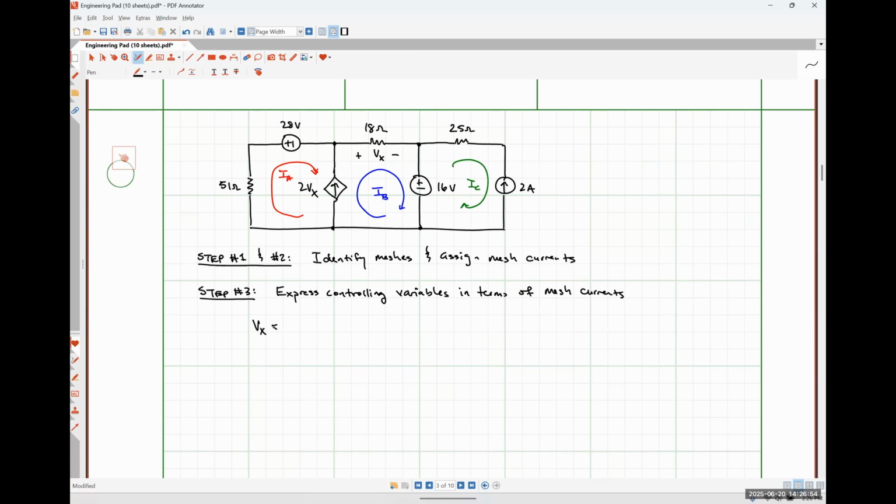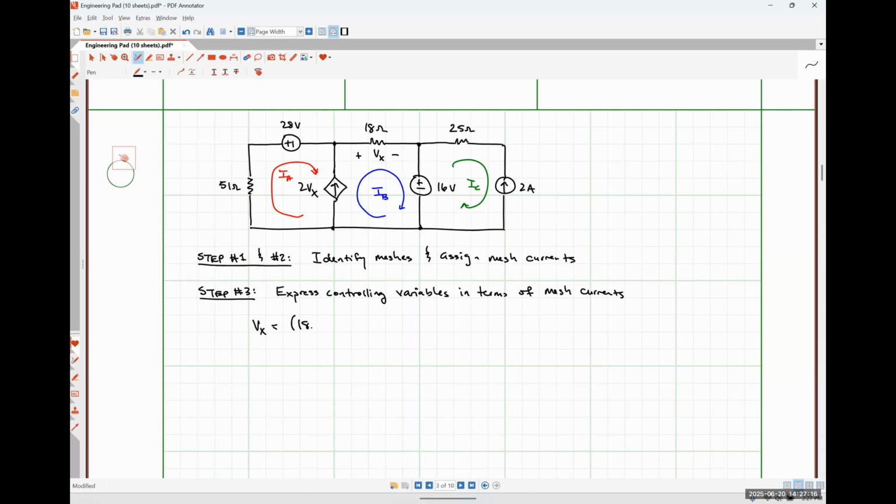So it's a voltage, so it's not just going to be a current by itself or a combination of currents. We're going to wind up using Ohm's law, right? So Vx is the voltage drop across the 18 ohm resistor. So we would do 18 ohms times the current flowing through the 18 ohm resistor.